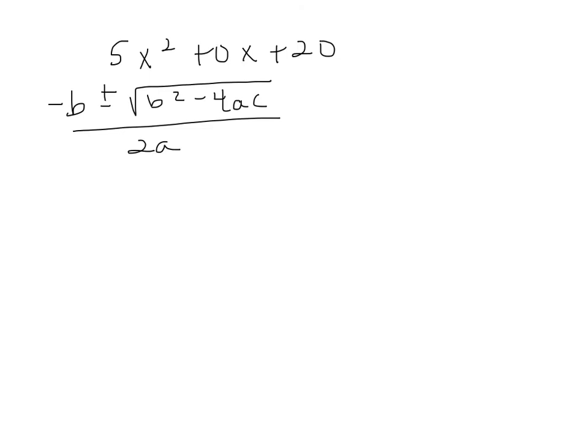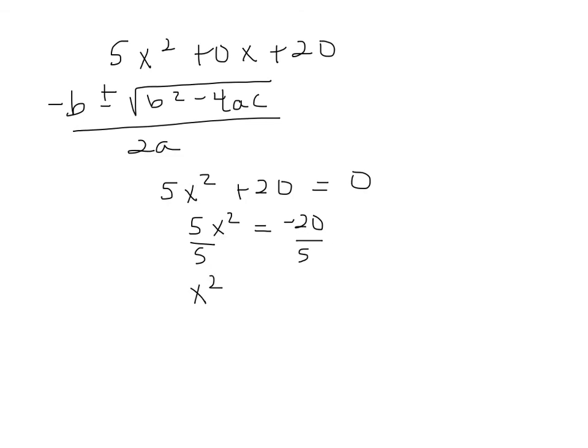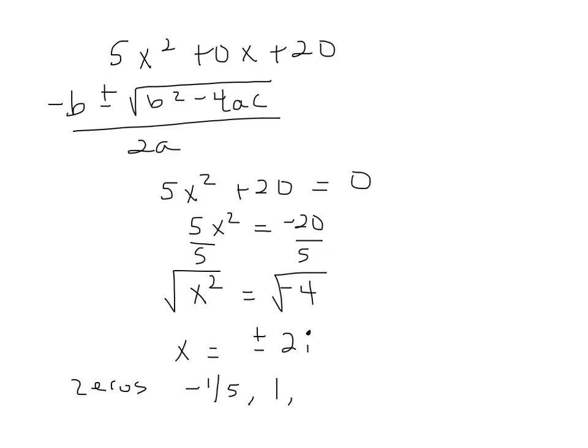Because there is no middle term, I can simply take 5x squared plus 20 and set it equal to 0, subtract my 20 over, divide by my 5, and so x squared equals negative 4, and then take the square root. Whenever you take the square root of something, it's plus or minus, and the square root of negative 4 is 2i. It's an imaginary number. So my zeros for my polynomial function were negative 1/5, positive 1, positive 2i, and negative 2i.